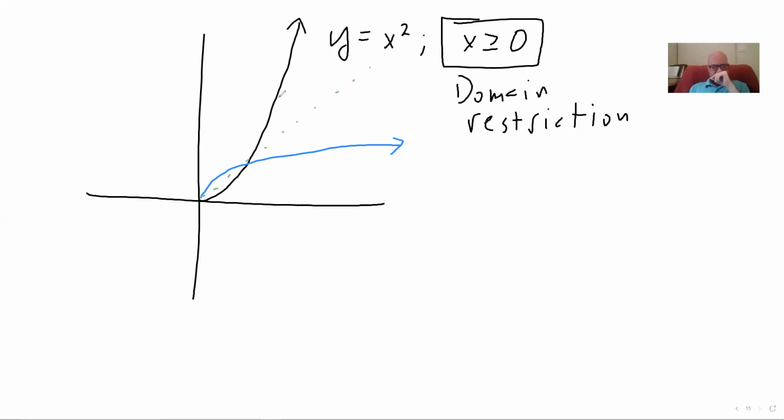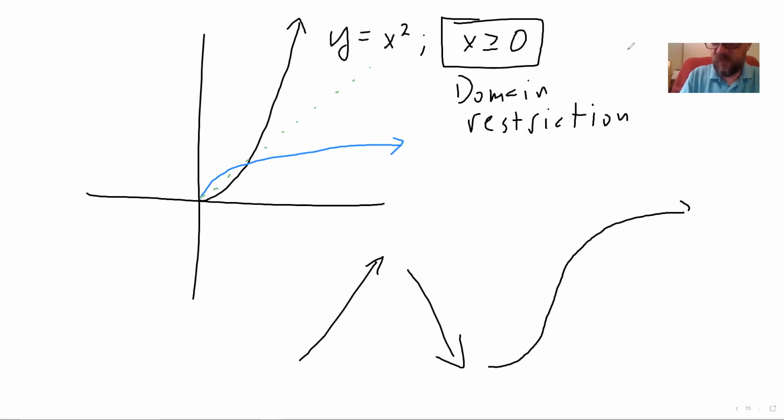So what I'm trying to say here is, if we restrict the domain of our function to where it is one-to-one, you can tell something is one-to-one if it doesn't wiggle up and down, it just goes all up or all down. So like this function is one-to-one, this one is one-to-one, this is one-to-one, even though it's going up slowly at the end, it's still going up.